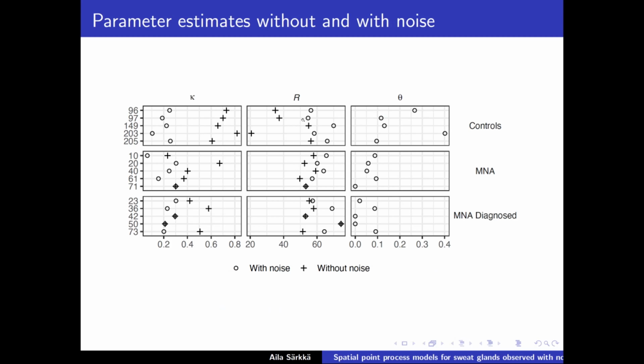And then there's also a difference in the interaction range. It tends to be slightly smaller in the control group compared to the neuropathy groups.